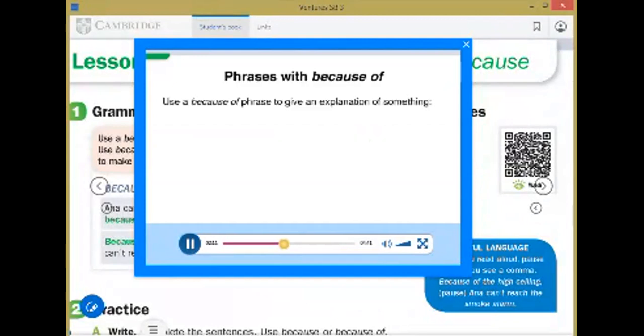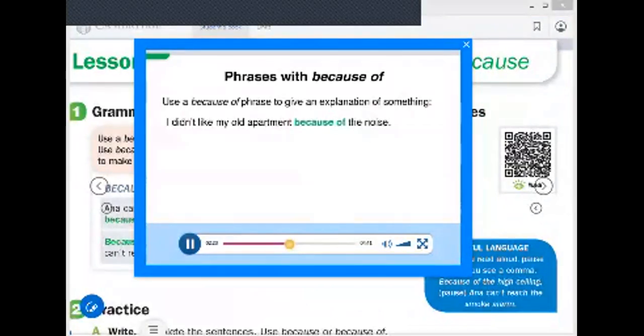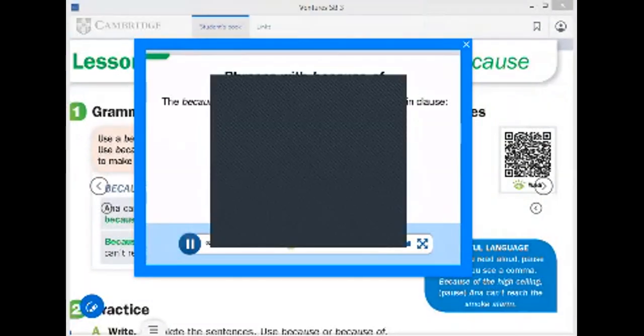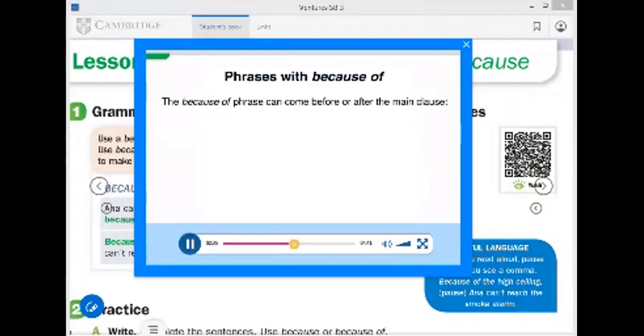Phrases with because of. Use a because of phrase to give an explanation of something. I didn't like my old apartment because of the noise. The because of phrase can come before or after the main clause. And remember, what do we need?